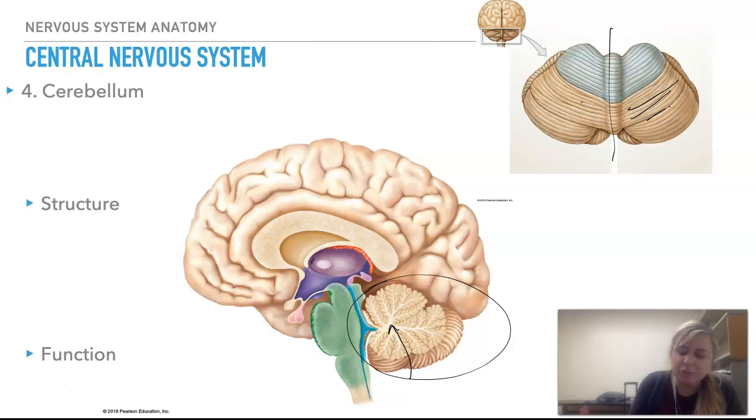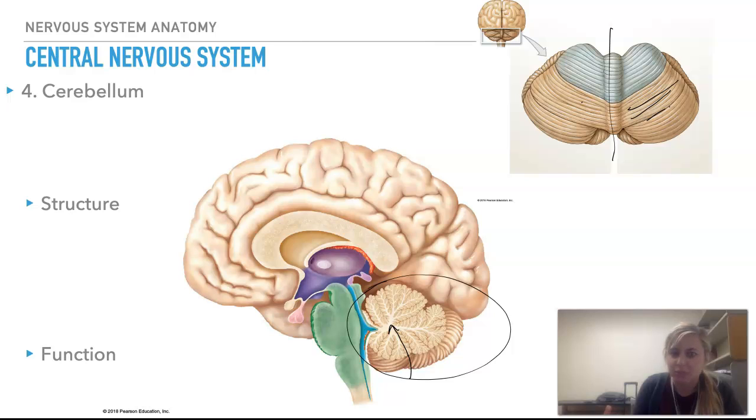The cerebellum is important for balance and equilibrium. It remembers learned movement patterns. This area of the brain is really impacted by alcohol. So when you see someone who's had too much to drink and they have walk mannerisms that seem a little off, that's because the cerebellum is not coordinating movements like normal.